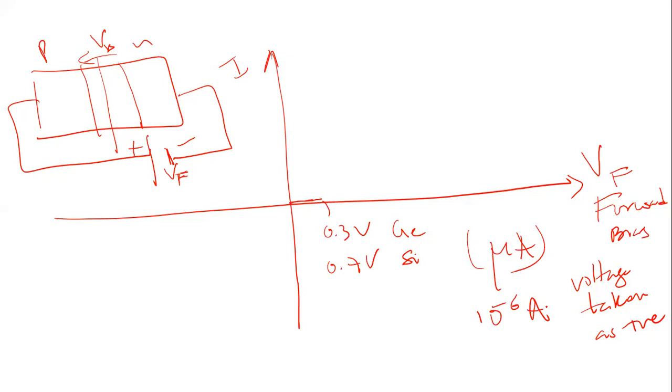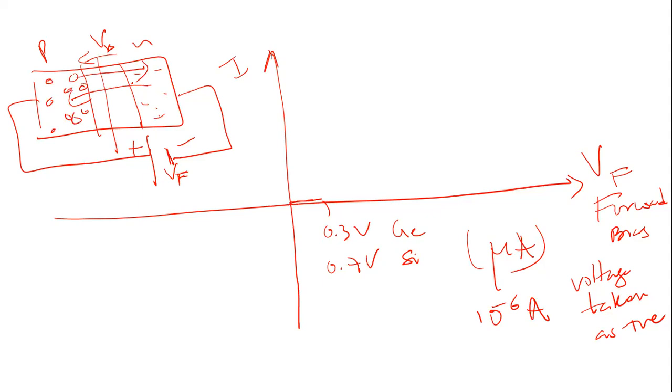So in this case, you are not having any electrical current conduction due to the transfer of electrons from the n side to the p side, nor the transfer of holes from the p side to the n side.